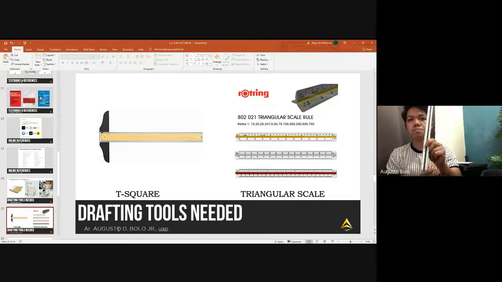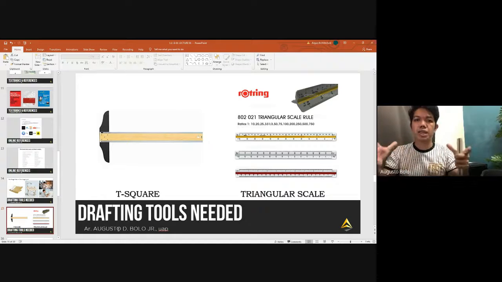Kaya importante ito. So 1:100. Also, I am using 1:50 para sa mga bigger scale. Kasi the lower the number, the bigger the scale. That's the virtue of the triangular scale.